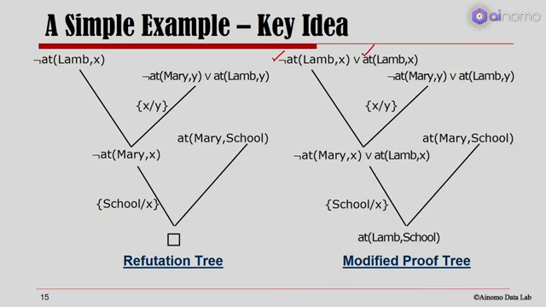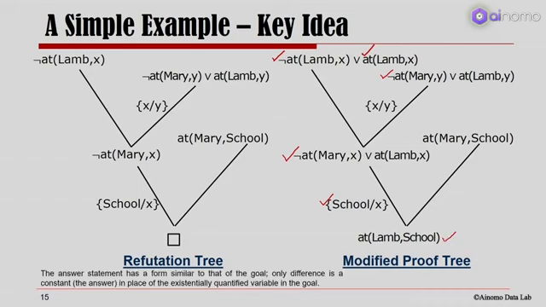So, first we resolve it with the statement that wherever Mary goes, the lamb goes, and we use the same unification, and here instead of not at Mary x, I have not at Mary x or at lamb comma x, and then this substitution school for x, instead of an empty clause at the root, now I have at lamb comma school.